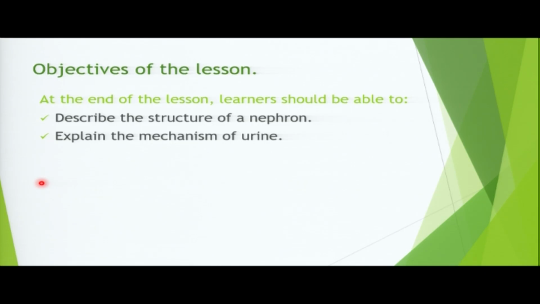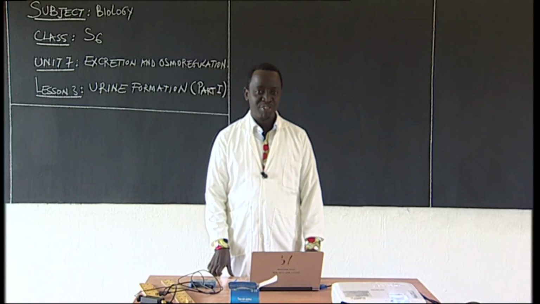Because the mechanism of urine formation is just a long process, today we'll focus on one part, then we'll also see another part next time. So be ready. Take your notebook where you write your explanation, and then you have to follow. This is a wonderful topic. I hope you enjoy.